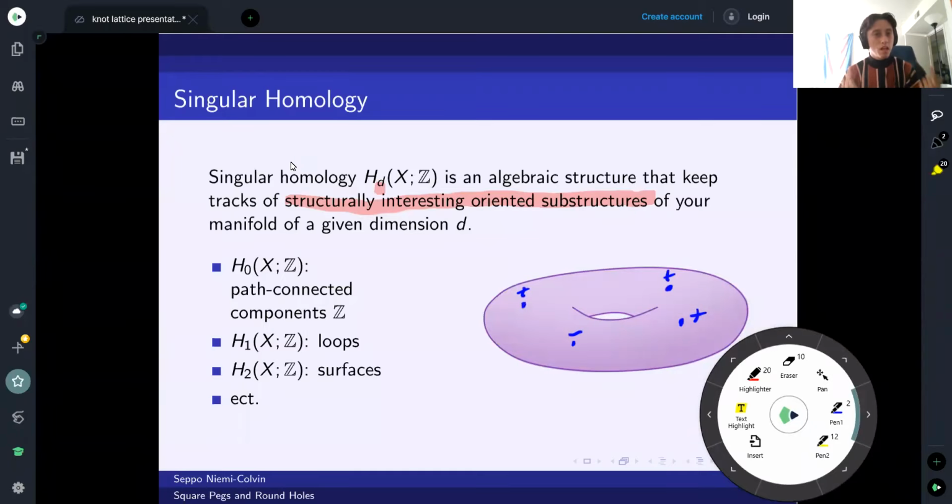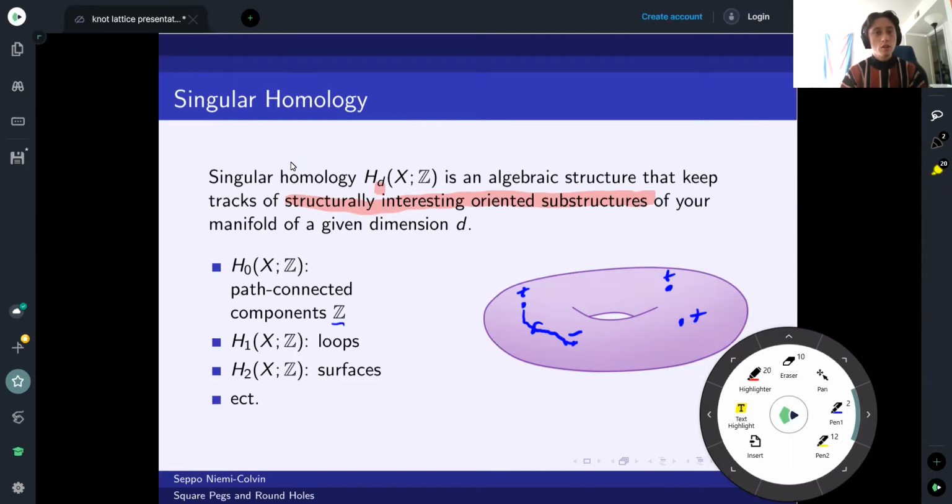To pick out what we mean by structurally interesting, we will say that 2 points cancel if there's a path connecting them, so that there's a negative on one end and a positive on the other. This has the effect that as an algebraic object, we'll just get a copy of Z for each connected component of our manifold, because these paths will collapse everything in the same component down to count as the same thing.